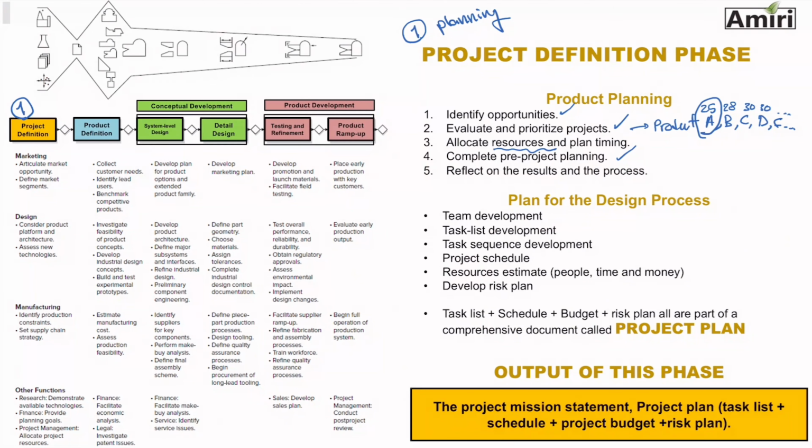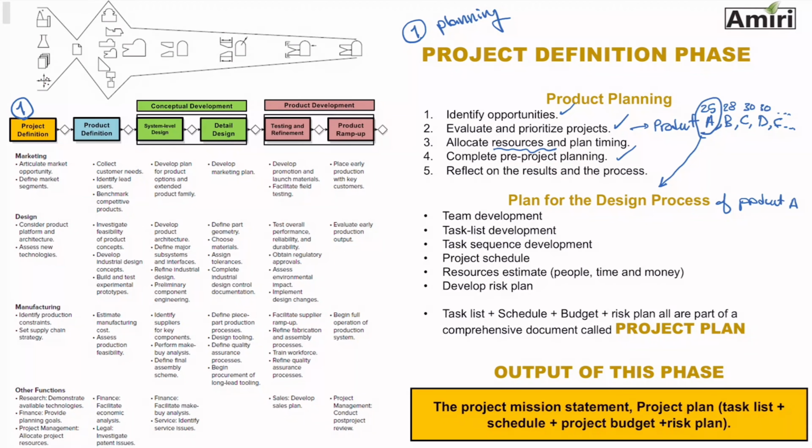You take that product A, and now you start planning the process for one of those products. I want to be clear on the difference. The product planning phase covers a lot more products and gives an overview and big picture of the company, versus the project planning or design process planning, which is for one specific product.